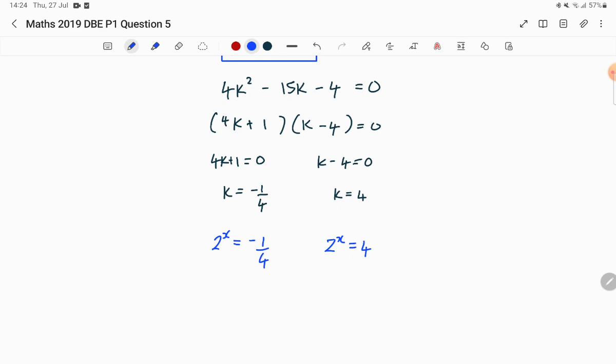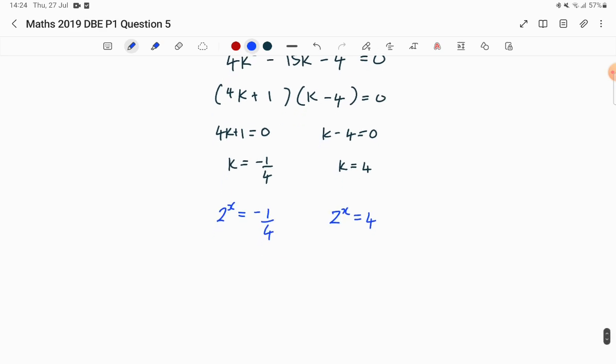So ideally, since it was a type of quadratic equation, or applied quadratic within an exponential equation, we should get two answers. But since we have a positive exponent with a negative answer, we can say that this answer is not applicable, and for the other answer, if we solve it for x, we need to get it to the same base. So 2 to the power x is equal to 2 squared.